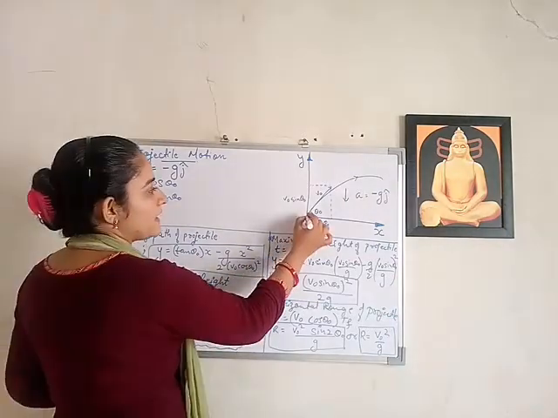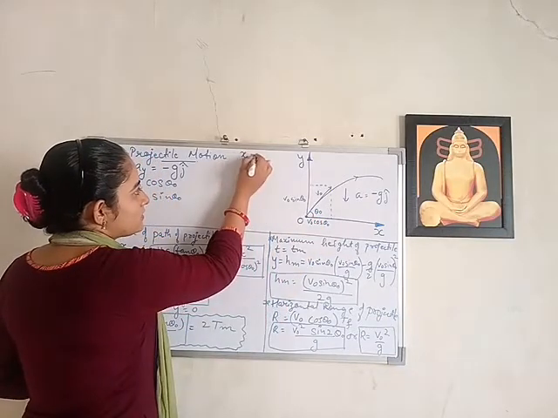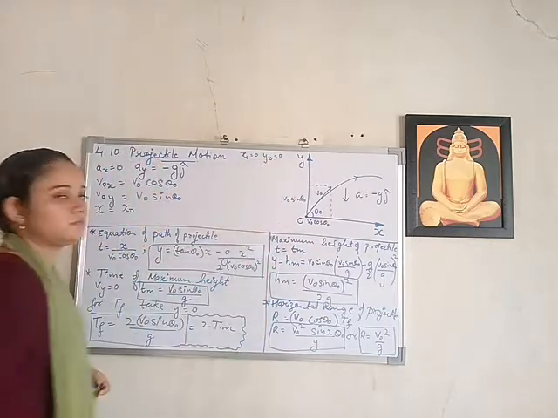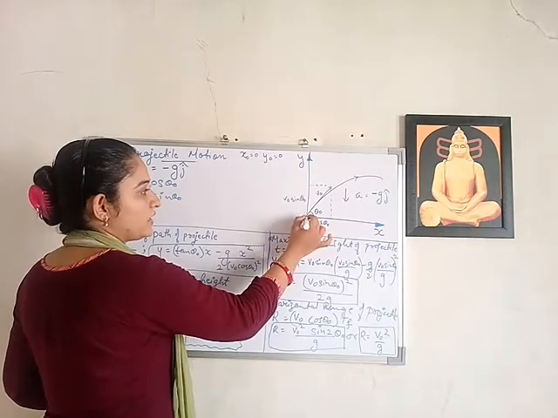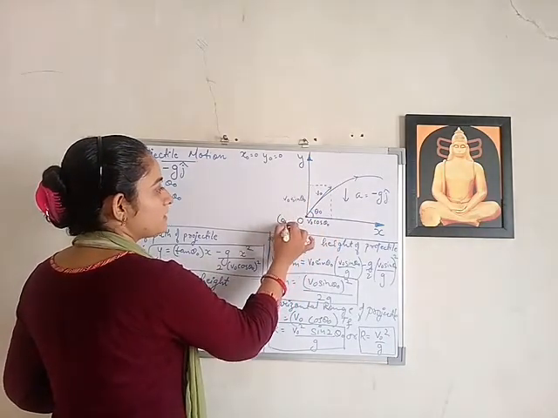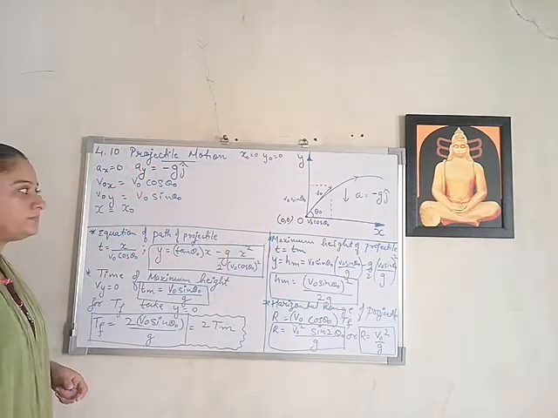At the initial position, x0 is equal to 0 and y0 is equal to 0, because at the origin x is also 0 and y is also 0. Here the coordinates are 0, 0. So x0 and y0 are 0.